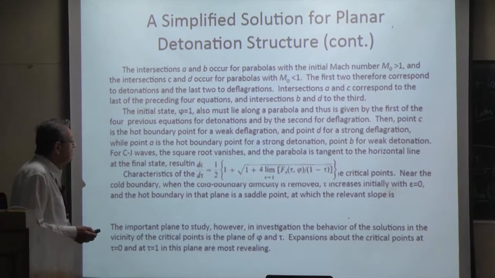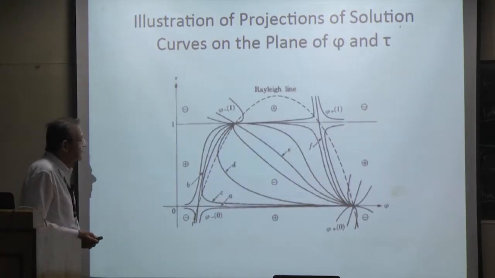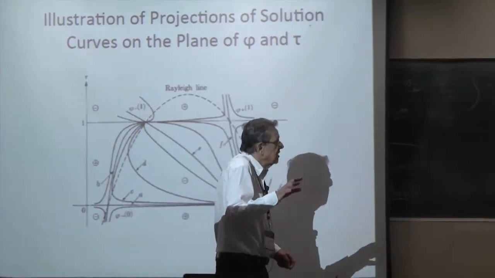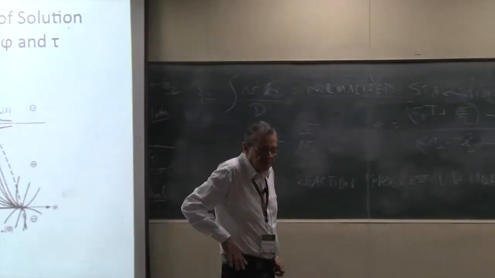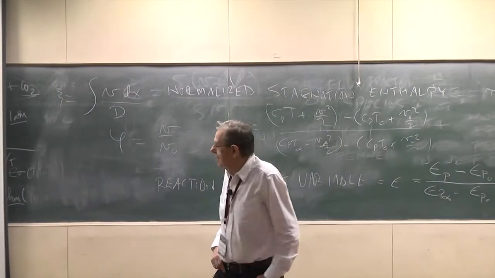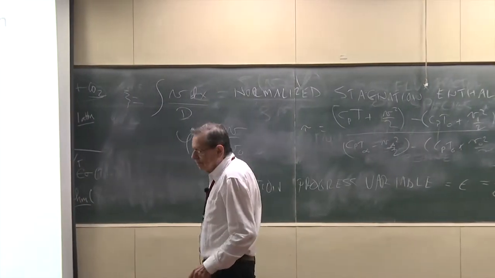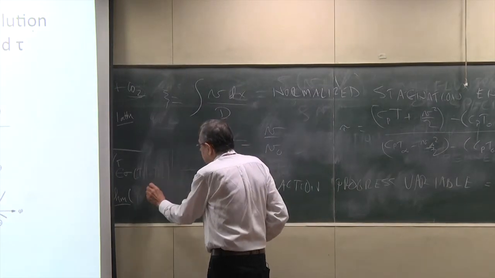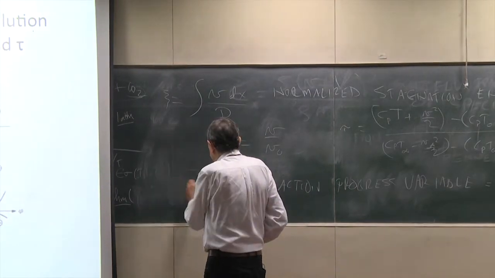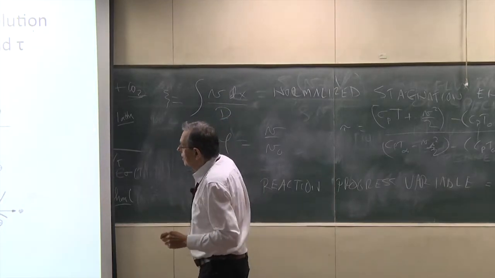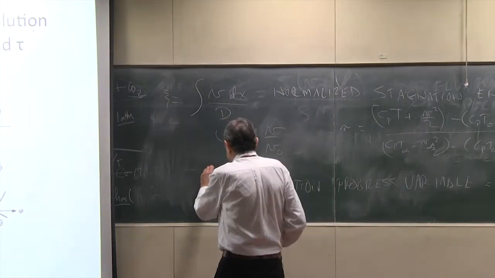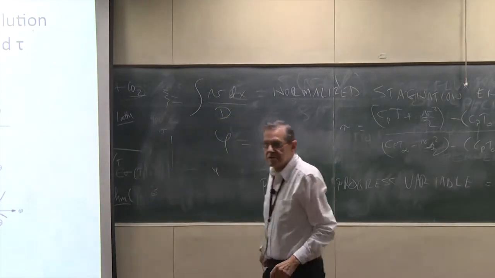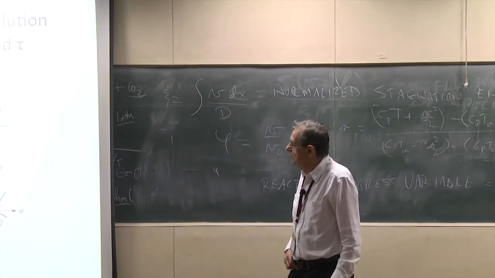So the point is, if you look at the character of these, you just have those three ordinary differential equations, which you can look at in a phase plane, or in a phi, tau, epsilon three-dimensional phase plane, and look at the character of the equations.